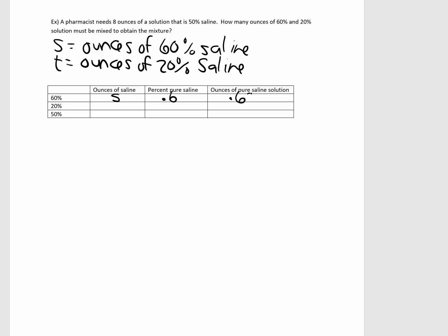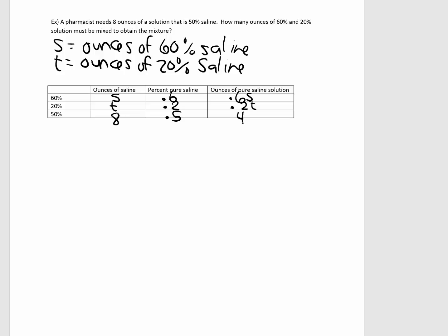Multiply, that's 6/10 S. For 20%, the ounces of 20% solution is T. Written as a decimal, 2/10. Multiply, that is 2/10 T. From the example, we know we need 8 ounces of 50%. Write that as a decimal, and 8 times 5/10 is 4.